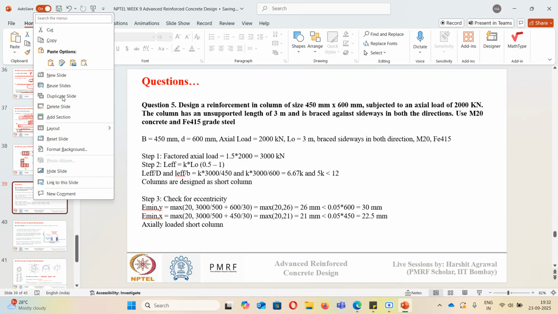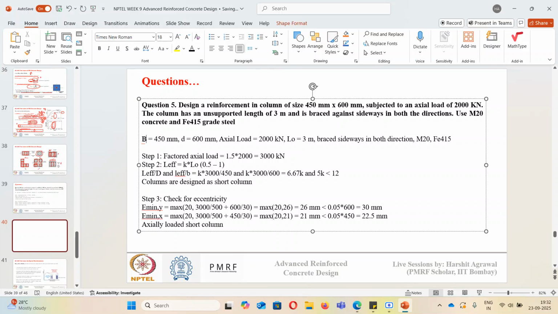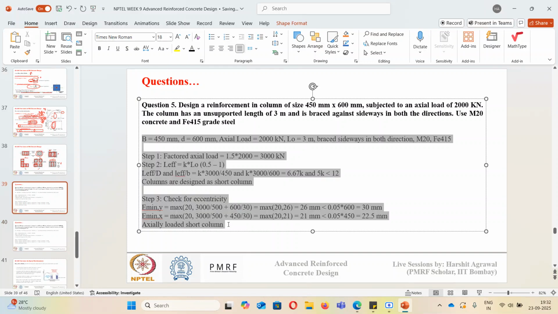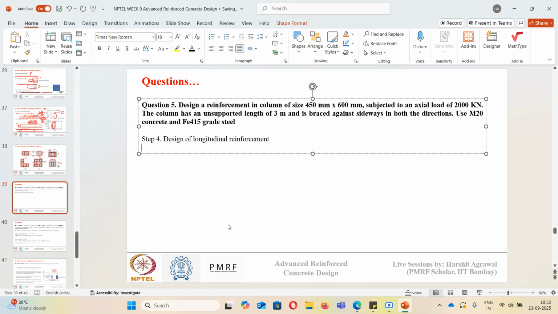Now, the next step is the design of longitudinal reinforcement. So, step 4 is design of longitudinal reinforcement. Okay, so how will you do the design? Pu is equal to 0.4 fck Ac plus 0.67 fy Asc.